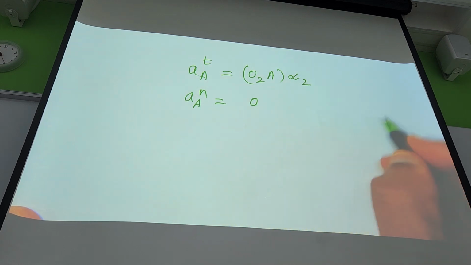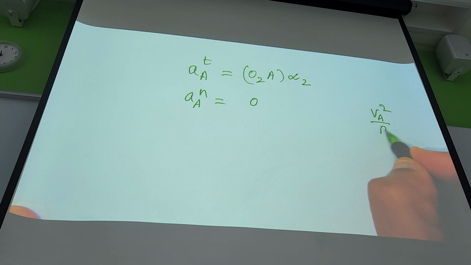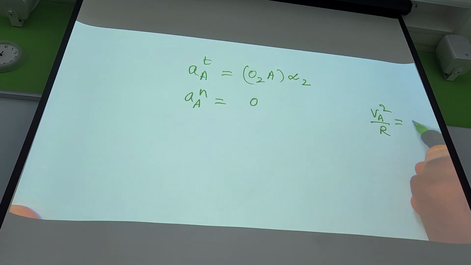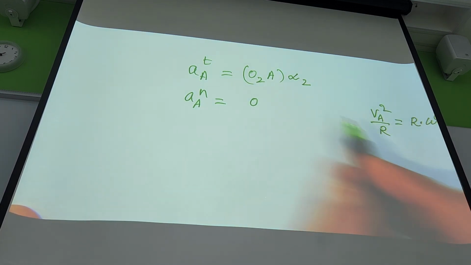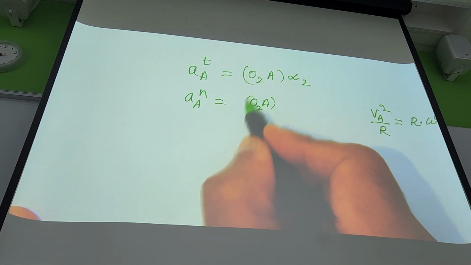You can either use VA square over R, or we know VA is R omega, right? So you can also use this as R omega 2 square. That means you can also use O to A omega 2 square.